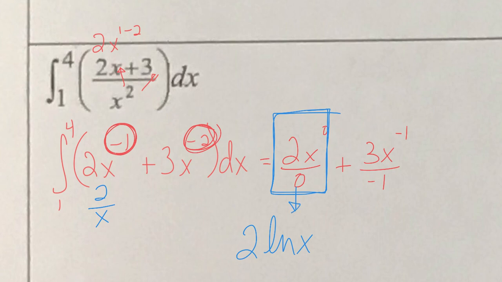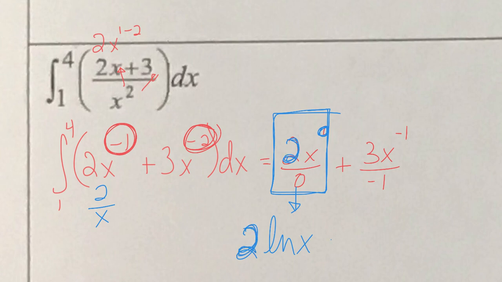So whenever we are anti-differentiating an x to the -1 and we get x to the 0, that is one of the strange things that we need to know to change to a natural log antiderivative. Whatever the coefficient is in your numerator is the coefficient of your natural log.